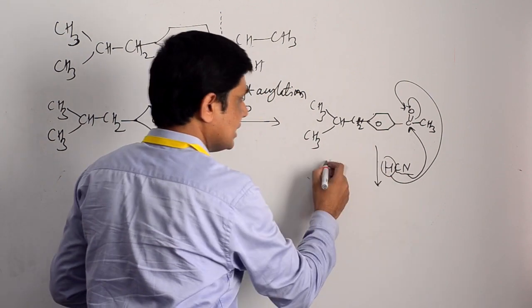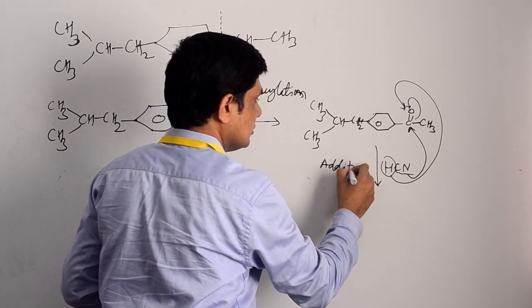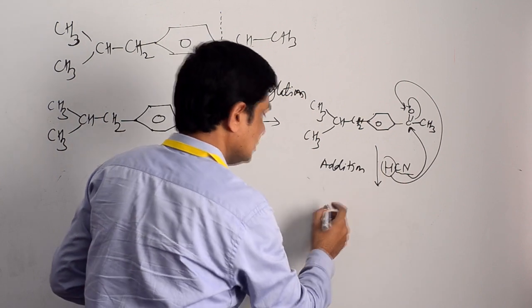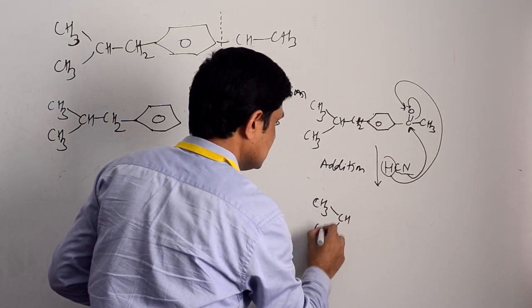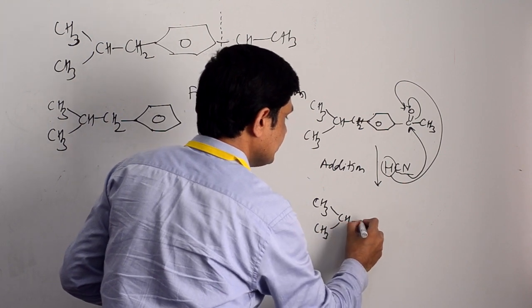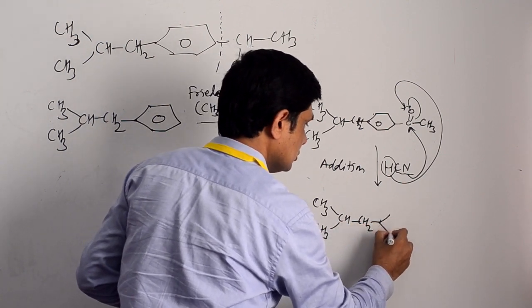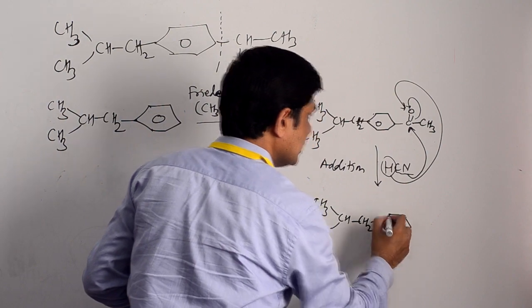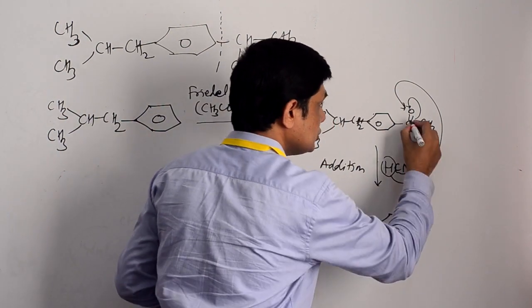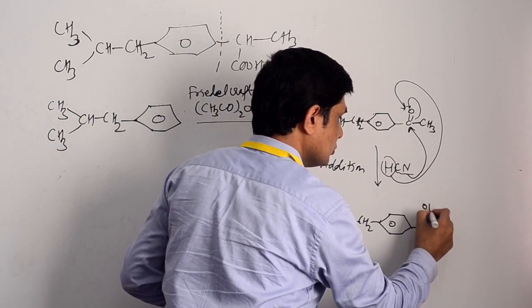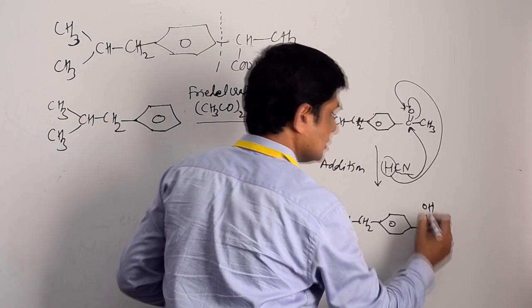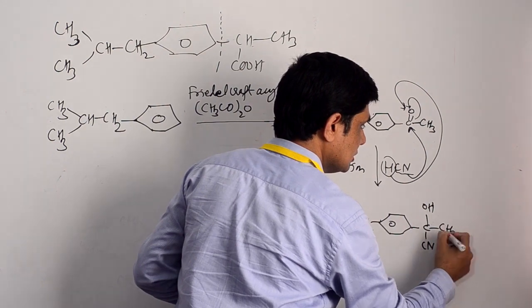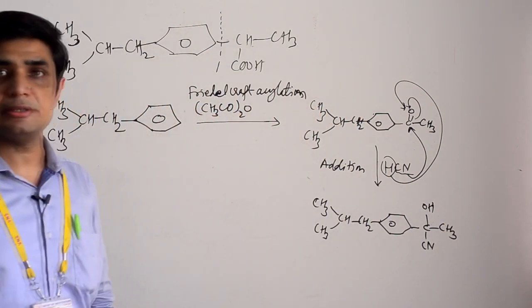So after the addition reaction, what will form? CH3 CH CH3 CH2 benzene ring, and then the CO is converted into a C-OH, and CN will attach at this carbon along with one CH3.